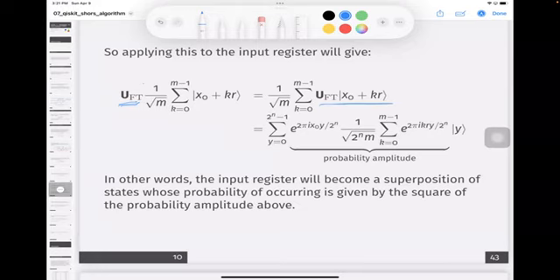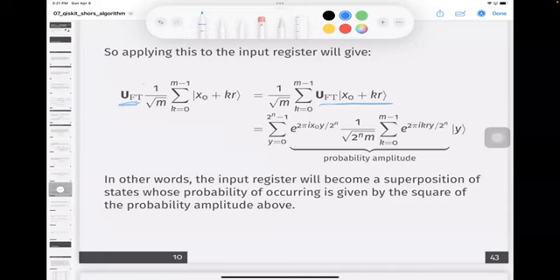Now applying the Fourier transform to x0 plus kr, this is what you will get. You can actually factor out this thing here.